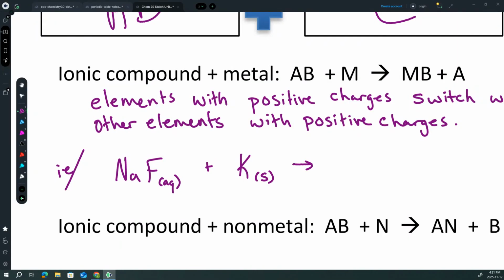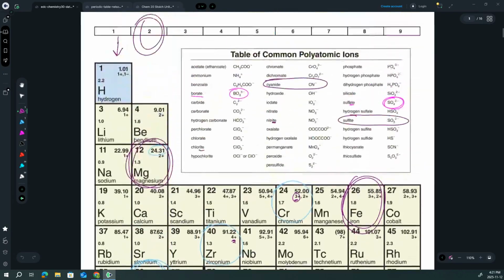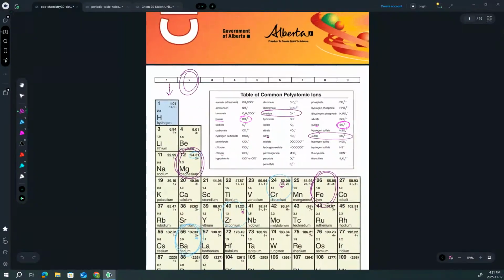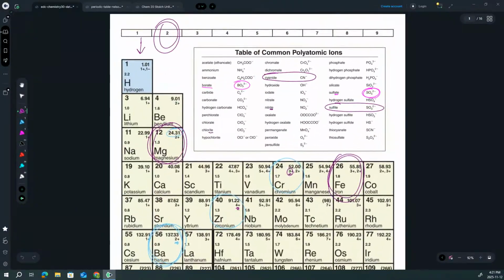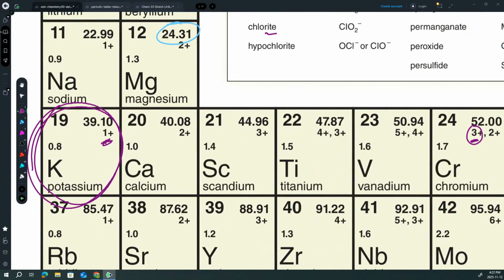If we look at our periodic table, potassium is number 19, and it likes to have a +1 charge, which we can see right here. So we know that potassium likes to form ions with a positive charge.